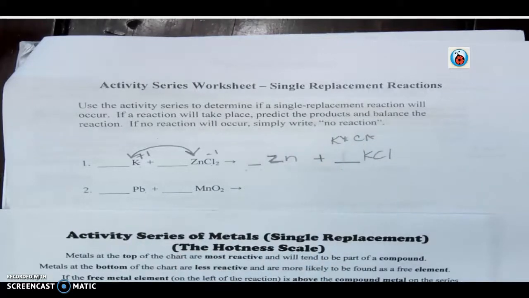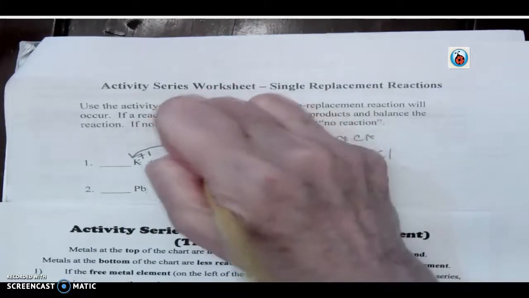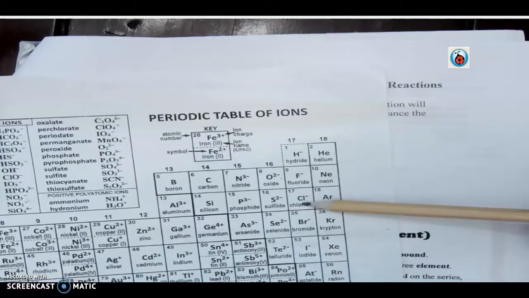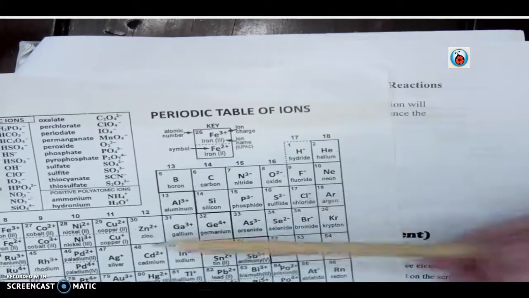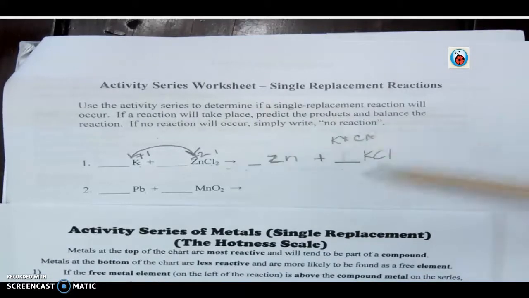Now I'm going to leave room to balance these out. If I'm going to balance these out, notice there's a 2 here. I don't bring that 2 over. Why is there a 2 there? Because zinc is a +2, always +2, and if a +2 zinc and a -1 chlorine combine, if you swap and drop, you get ZnCl2, which is what we have here. The new couple doesn't look like the old couple, but we still need to balance this out.